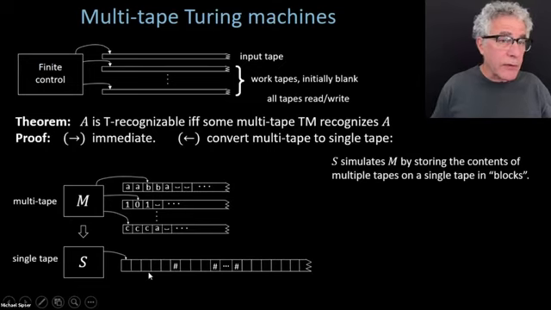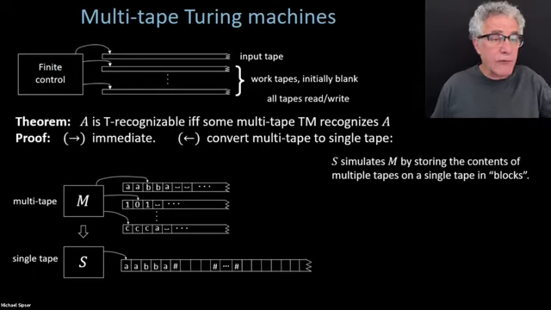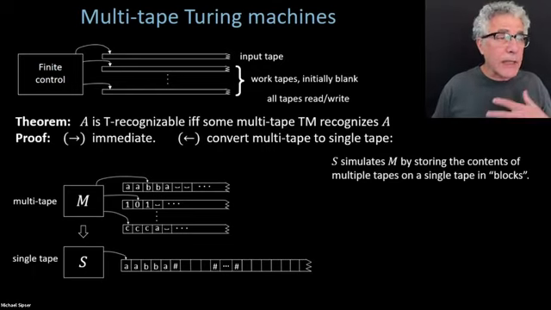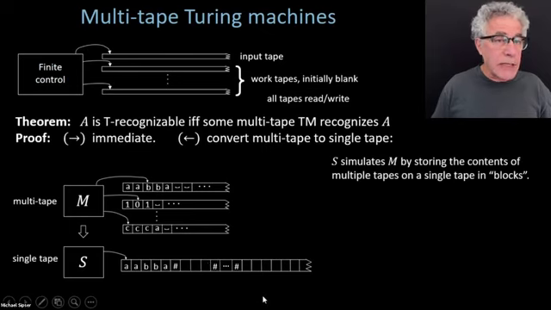That's going to appear in the first block on the single tape Turing machine, as if floating down from the multi-tape machine. But that's really developed by the simulation. Obviously, the single tape machine doesn't have any direct access to the multi-tape machine, but it's simulating it. So this is how the data is stored on the single tape machine's tape.